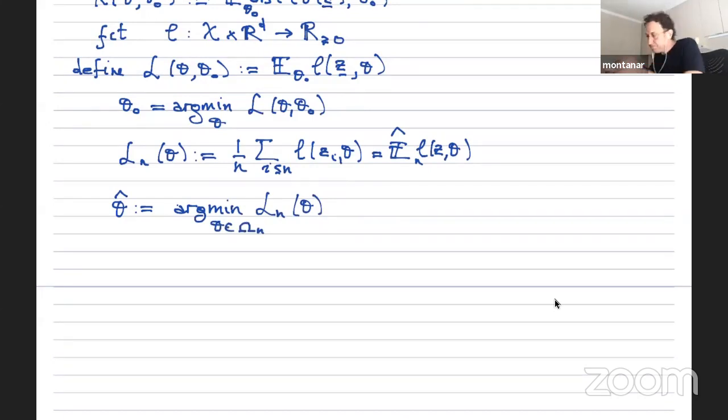Okay, so this is the summary of what statistics is about, or a big chunk of statistics and machine learning is about.